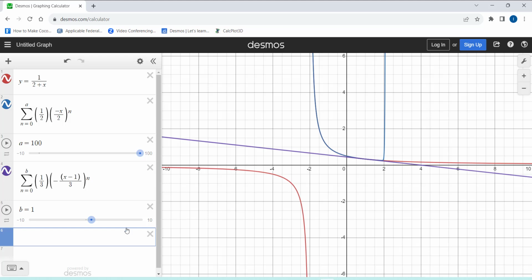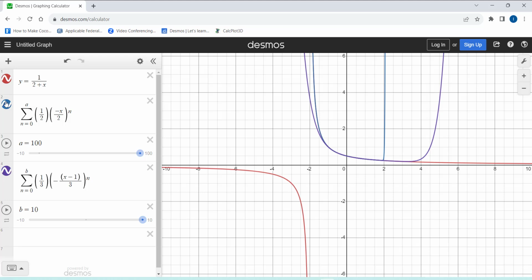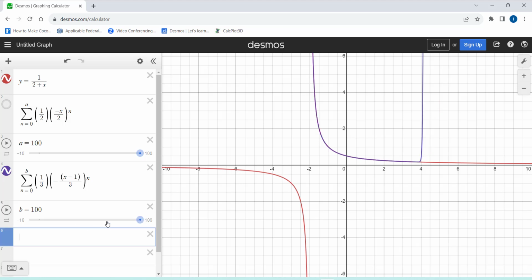If I add that slider, and this one here is purple, notice that the purple graph wants to be the red graph. And remember, the red one is the one that we want. So let's make the blue one go away for a second, and let's make this go to about 100. Notice that as we get closer and closer to infinity, this purple graph is becoming this red graph. And notice that it converges.